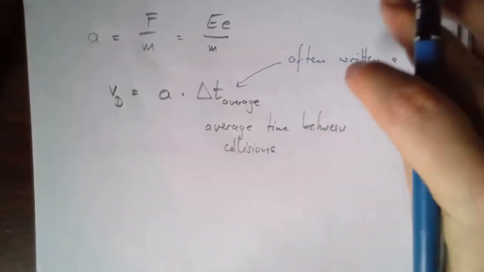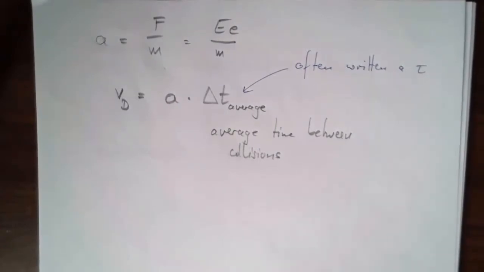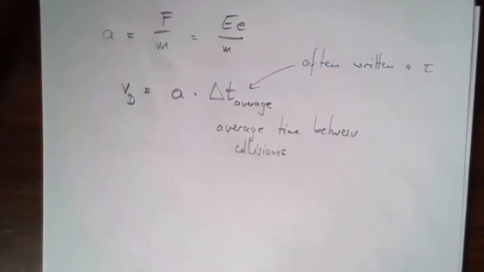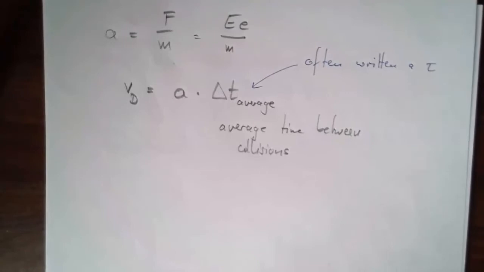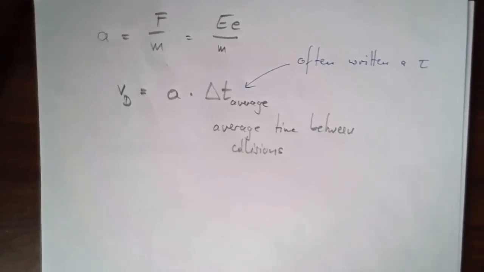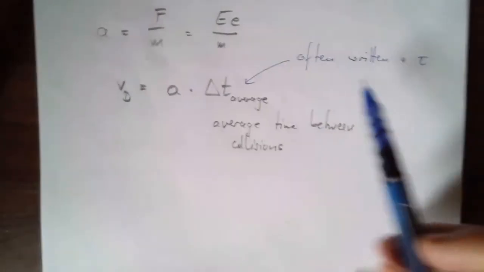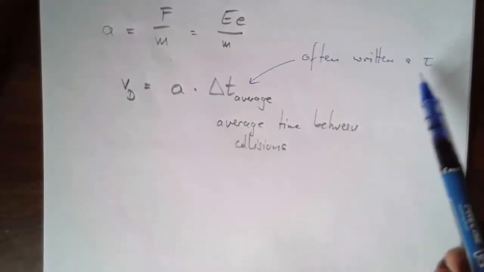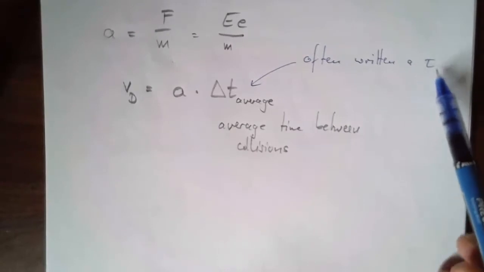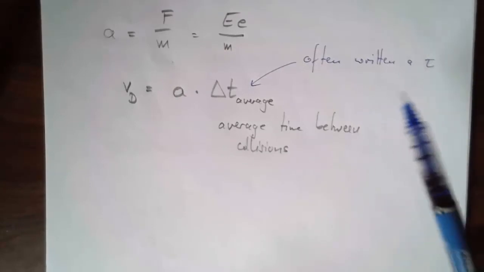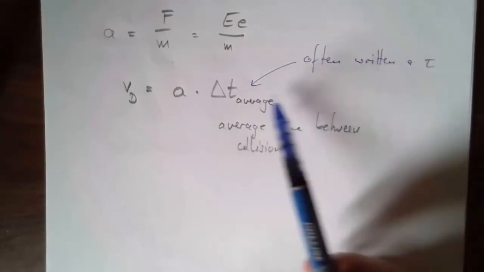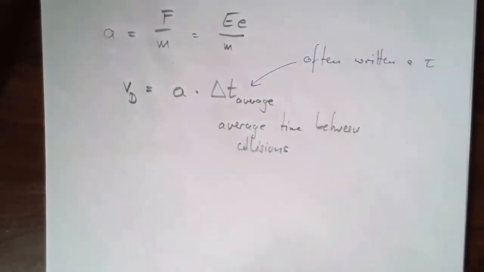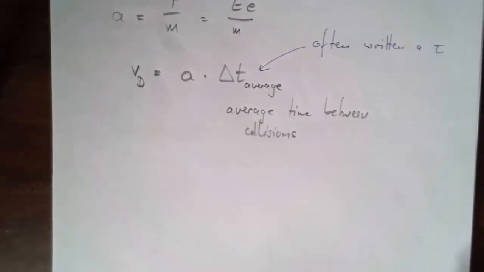Again, I guess because it's time, we have to use something like a T, and there's only Latin and Greek. We don't trust ourselves to use any other alphabet, so if we don't use T, we're going to use tau. I guess that's what we're stuck with. So just to be aware, this is not the time constant from, say, RC circuits or some other decaying exponential. It has nothing to do with that. This is another symbol to write the average time between collisions.